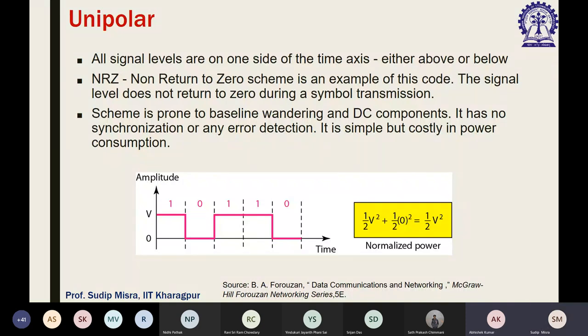Now, if the receiver clock is faster or slower, as in the problem that I was showing you a while back, these bit intervals are not going to match at the sender and the receiver. So this will lead to the receiver misinterpreting the signals that are sent from the sender due to this mismatch in the clocks.